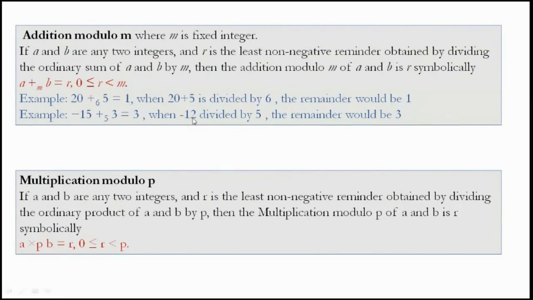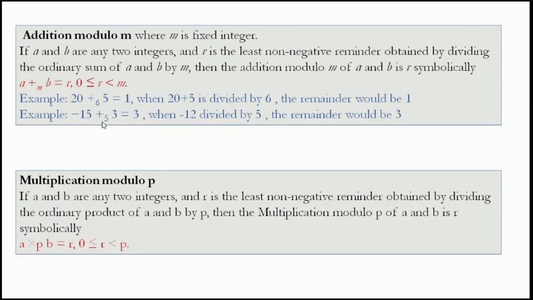Here you can say 12 mod 5 is 2, so minus 2 is the resultant. Minus 2 will not fall under the range of 0 to m, so you have to subtract it from the modulo number and bring it to the range of 0 to m minus 1. So it is 3. Now the same is the case with multiplication modulo also.